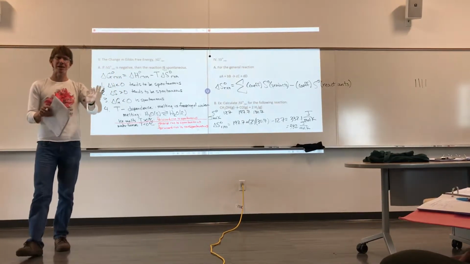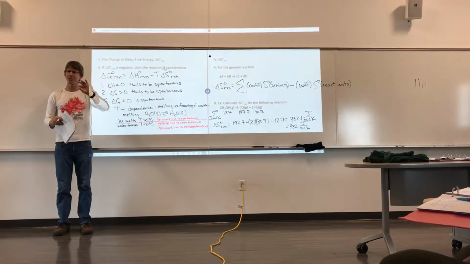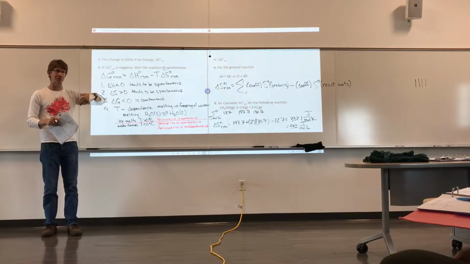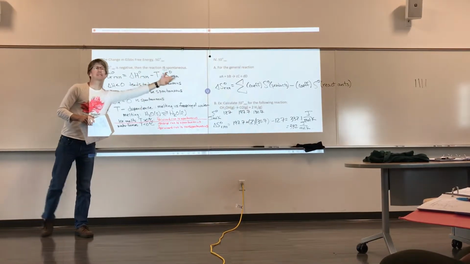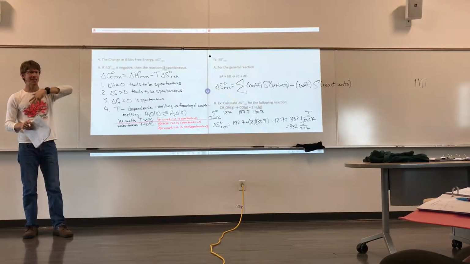And we've talked about this many times before, actually. If you remember, we talked about QC versus KC. And QC versus KC said, will the reaction happen in the forward direction? Will it happen in the reverse direction? The new word is, will the reaction happen in the forward direction spontaneously, or will it occur in the reverse direction spontaneously?